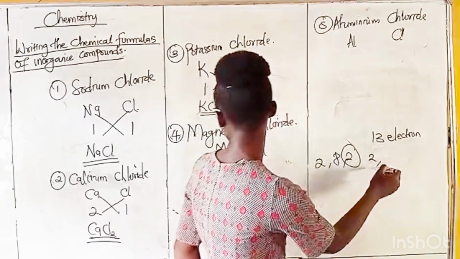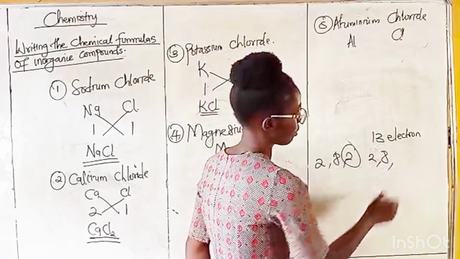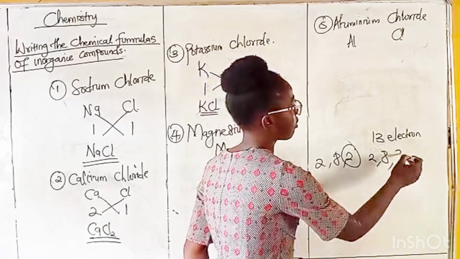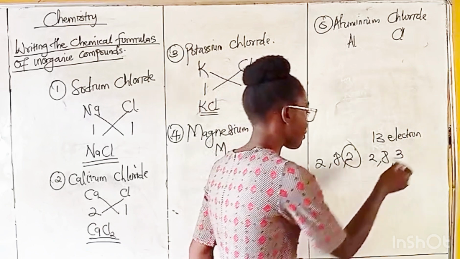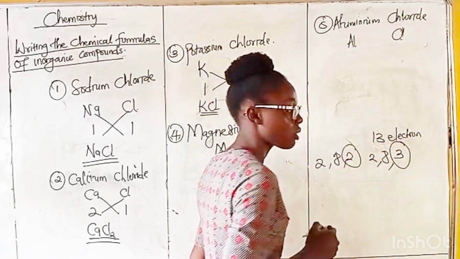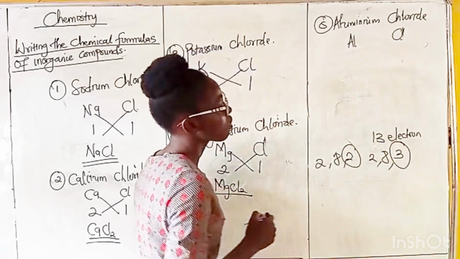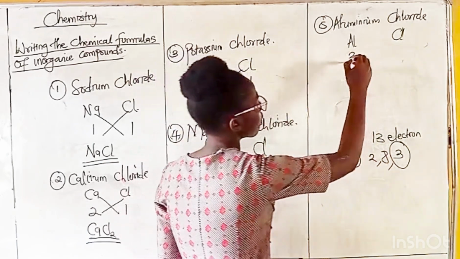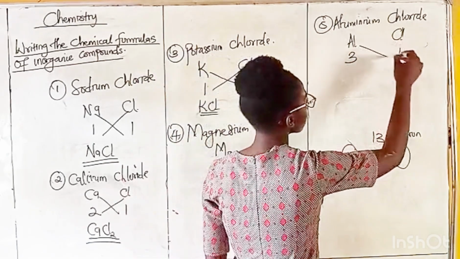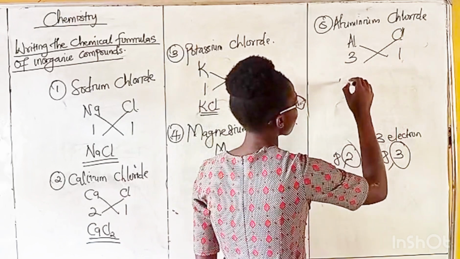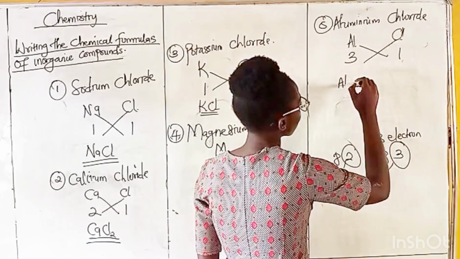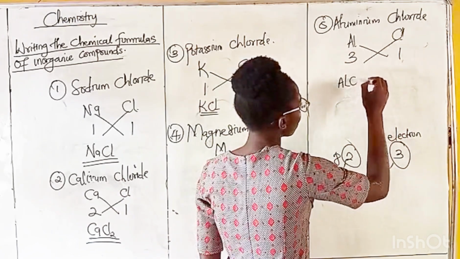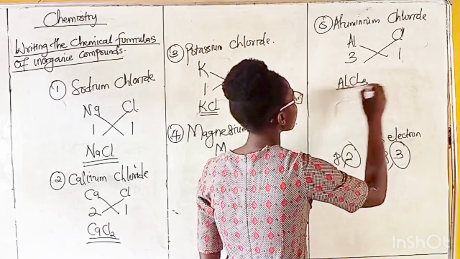We have 2, 8, and then 3. So definitely it will lose these 3 electrons it has on its outermost shell, and these 3 electrons are equal to its valency. 3, 1, I'll have Al, I don't need to write a 1, and then chlorine 3. This is aluminium chloride, AlCl3.